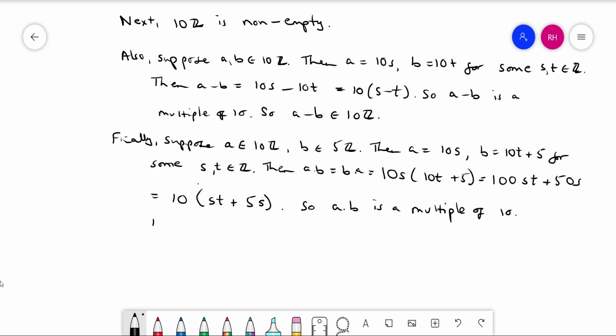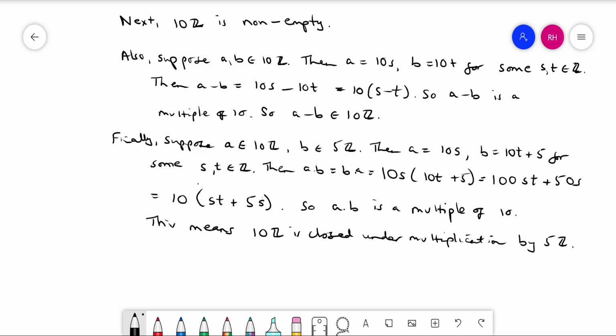And this means, what does that mean? That means 10Z is closed under multiplication by 5Z.